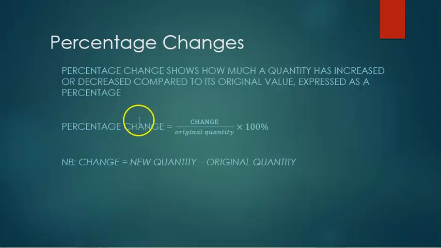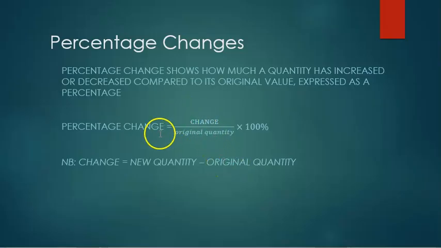So mathematically, percentage change is equal to the change over the original quantity times 100%. Now the change is how much we are increasing, or the difference between the new quantity and the original quantity.